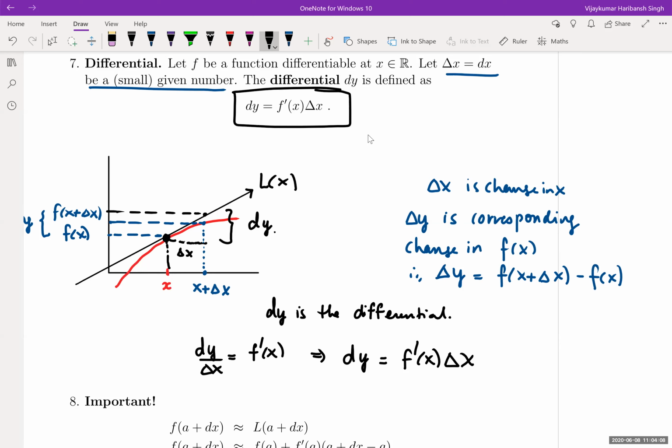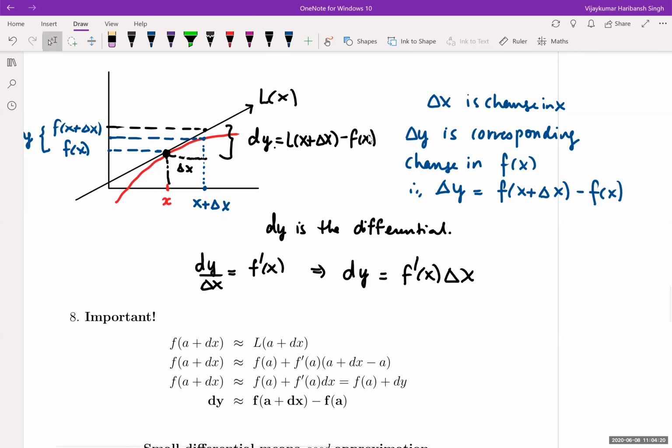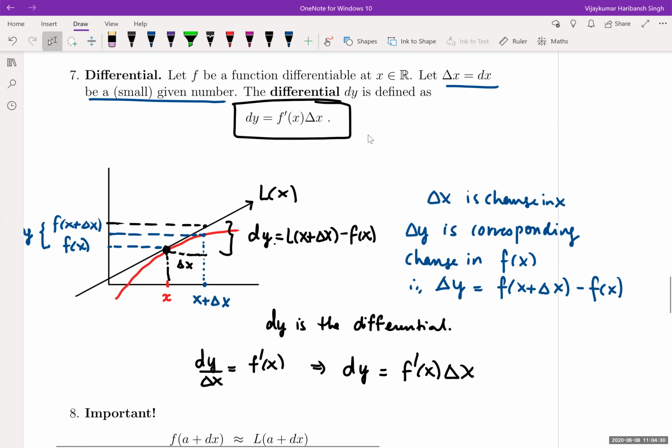So dy can also be thought of as L of x plus delta x minus f of x. Now, let's see, why are we doing this again? One is that it will help us define the concept of differential, which is useful in seeing small changes in your function, but it will also help you when you're doing integral calculus.